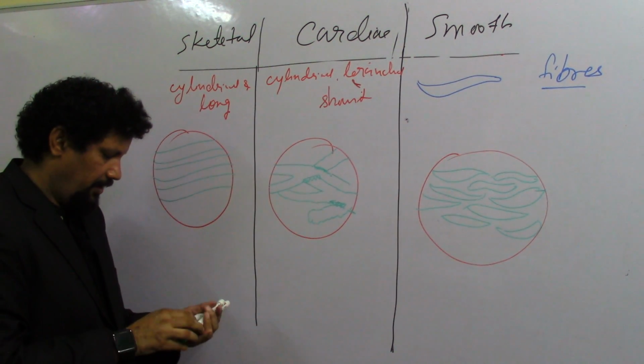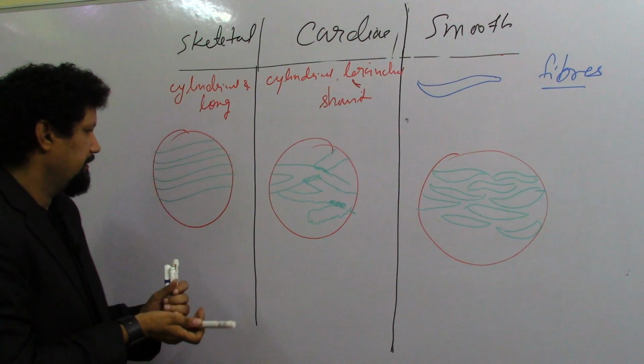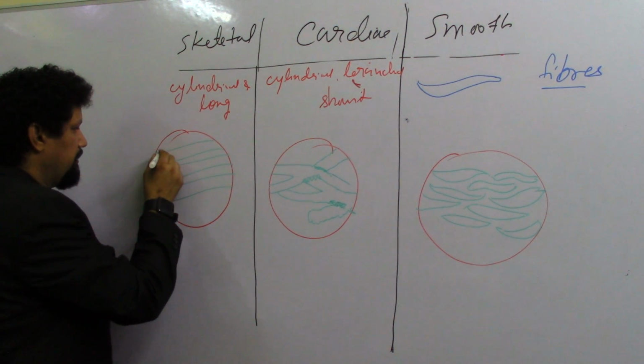Here you can see the cross striations like this.